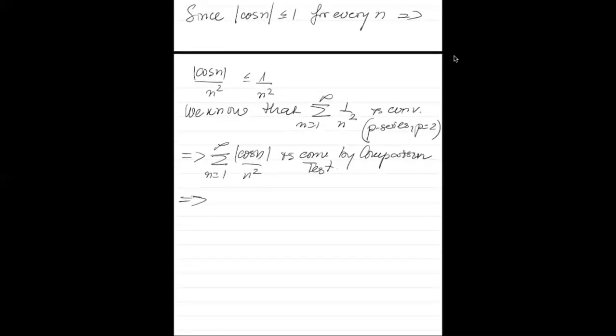So by the comparison test, the series of absolute values is convergent. Therefore, the original series, the given one, cosine n over n squared, is absolutely convergent. And by theorem 1 that we just wrote, it is also convergent.